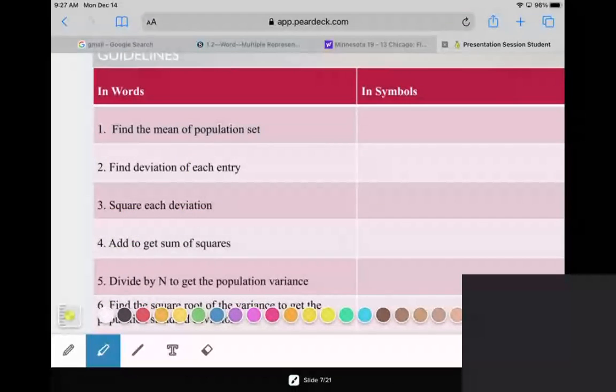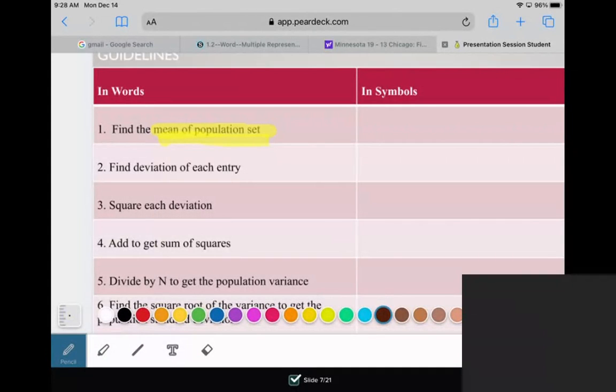Okay, we're going to look at the wording. Sometimes instead of saying find the mean, which we know how to do, in statistics they will give you this notation.